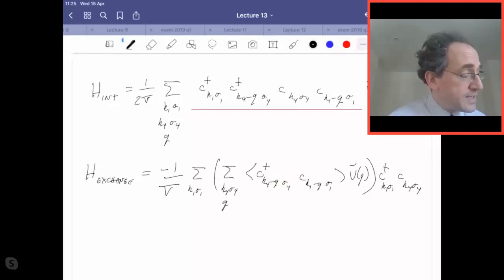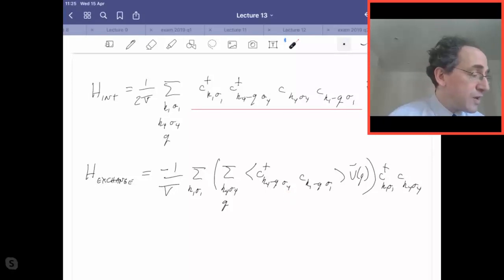However, in order for this thing to be non-zero, K4 has to match K2, K4 has to match K1, and sigma 1 has to match sigma 4, because you start with a Fermi sea over here, you destroy something in the Fermi sea, and then you have to put it back to get back to the ground state again.